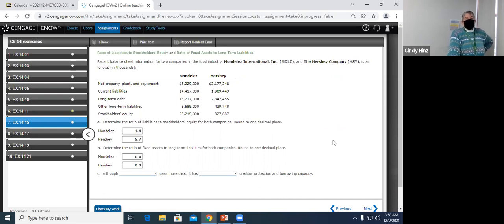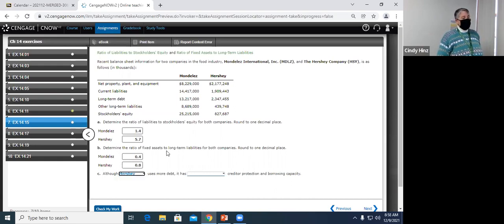So now what do we do with these numbers? What does this tell us? We already mentioned what part A tells us, which is Hershey has a whole bunch of debt. Relatively, size-wise, dollar amount, their debt is way lower. But because they're a quarter the size of Mondelez, as a percent, Hershey has a lot of debt. So Hershey uses more debt.